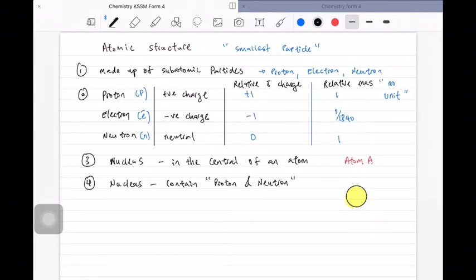Okay, we have just learned earlier on proton and neutron, and both of them are located in the nucleus of an atom. We have a proton plus neutron. Okay, therefore nucleus has a positive charge.